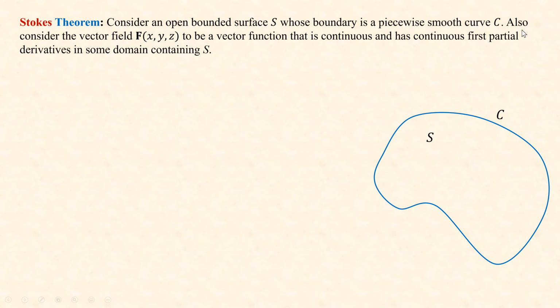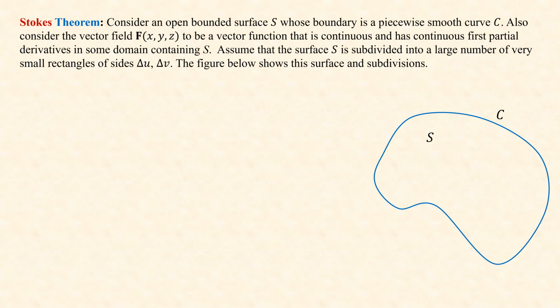and consider the vector field F to be a vector function that is continuous and has continuous partial derivatives in some domain that contains the surface S. All right, so these are the formalities that we are using implicitly, so these should hold. And then assume that the surface S is subdivided into a large number of very small rectangles of size du dv.